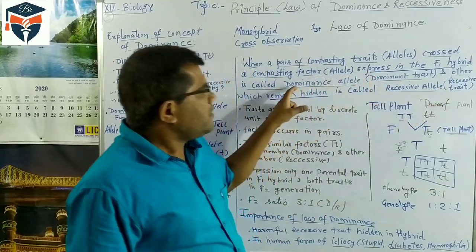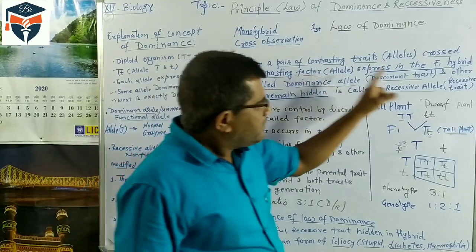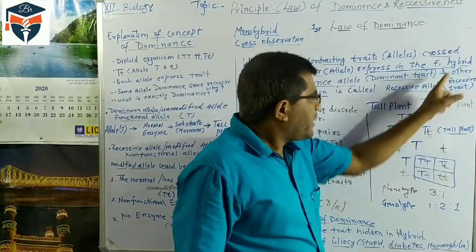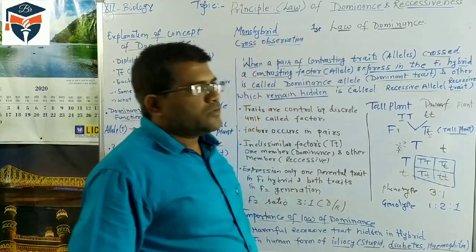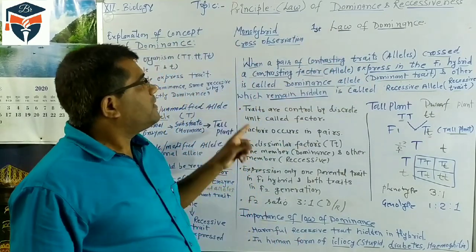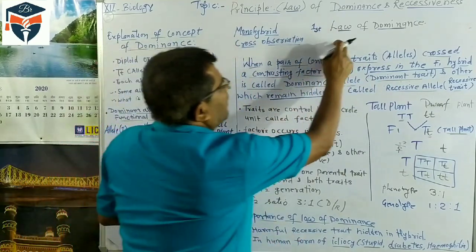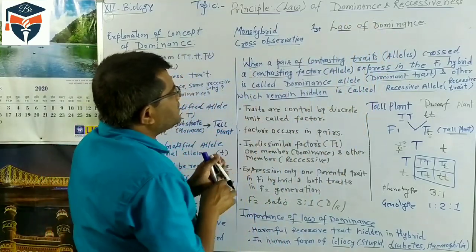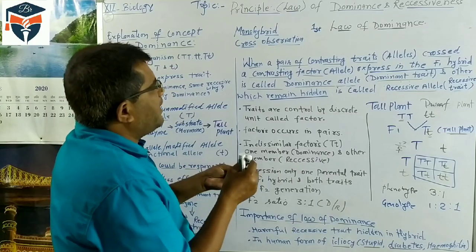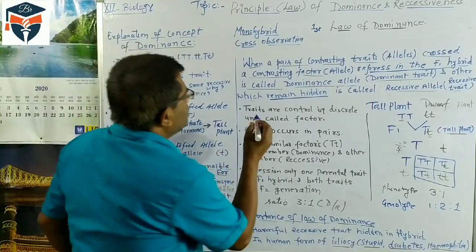The allele which expresses is called the dominant allele and the allele which does not express in the hybrid is called the recessive allele. As a conclusion, these are the main points of the law of dominance. First, traits are controlled by discrete units.